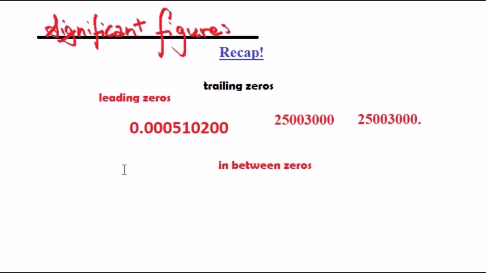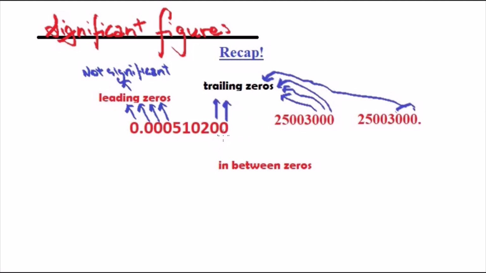Alright, so let's recap with these 3 examples. Let's identify the leading zeros. These are the only leading zeros of the 3 numbers. They are not significant. What about the trailing zeros? Yes, so these are our trailing zeros. All the zeros at the end of these numbers are trailing zeros. Are they significant? Well, it depends. Are these significant?